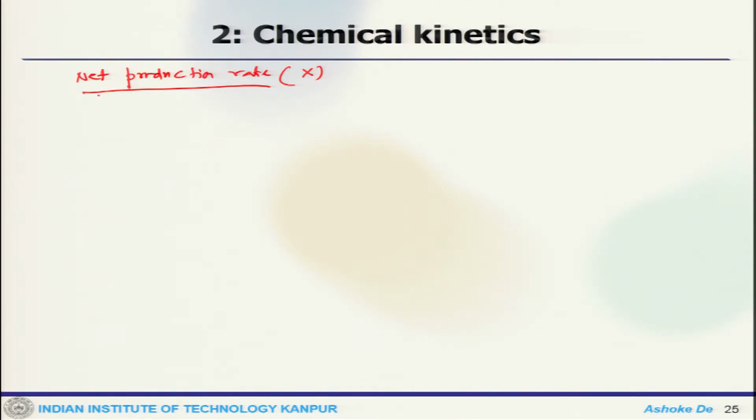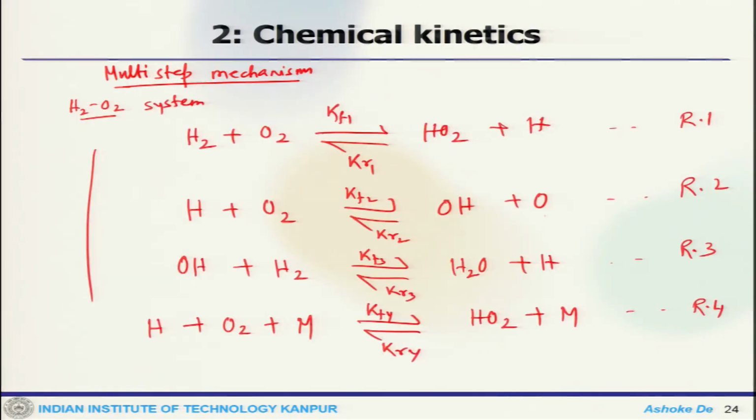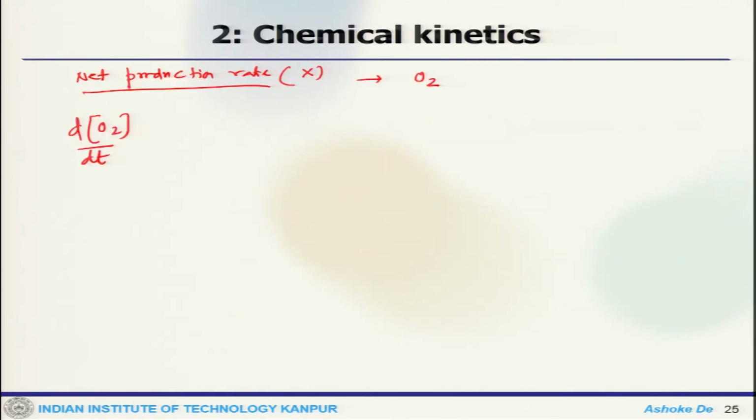So, for example, let us say we want to find out the net production rate for O2. This would be dO2/dt. O2 is involved in the first reaction, the second reaction and the last reaction.